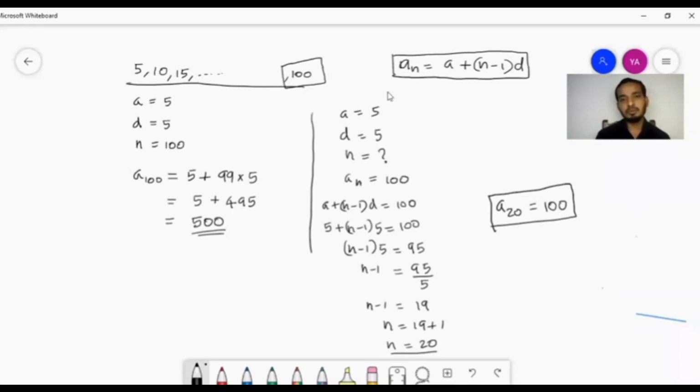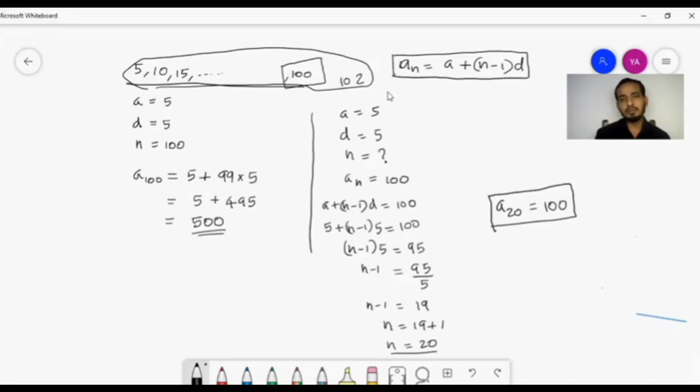Just for illustration, I'm not doing it completely. Suppose the number is 102. Your question is, is 102 a term in this example progression? So definitely not. We know only multiples of 5 come here. Suppose you do these calculations like this. You write a, you write d, and you write an. an is given as 102.